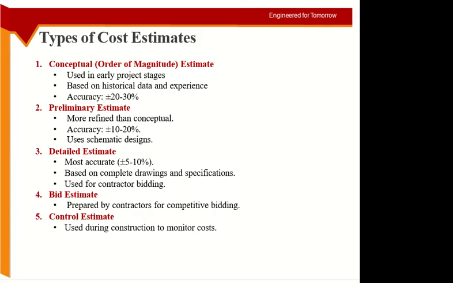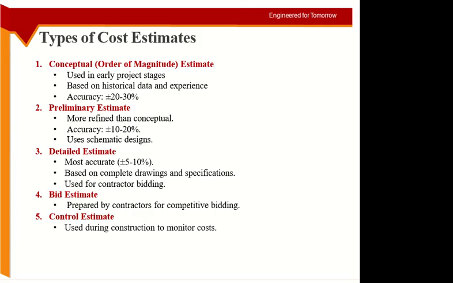Okay, so the conceptual estimate is usually based on experience and past data of other projects. Okay, so the error is usually higher. So 20-30% means around 1/4 to 1/3 of the cost can be wrong. Okay, like the error can be about 1/4 of the cost. So if I'm saying 1 million, then 250,000 is the chance of an error.